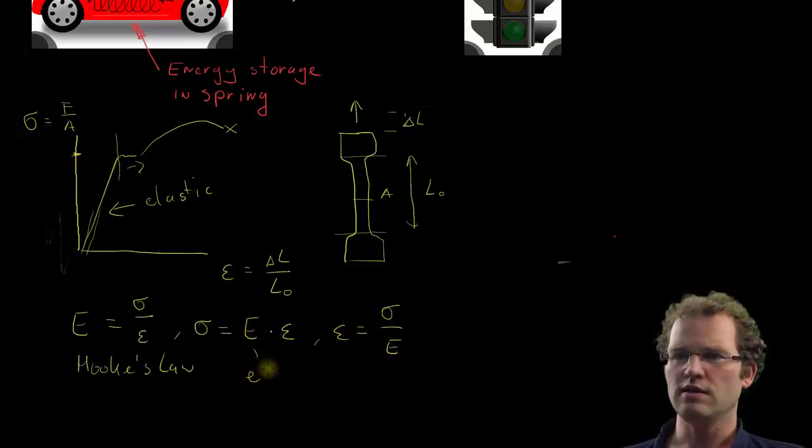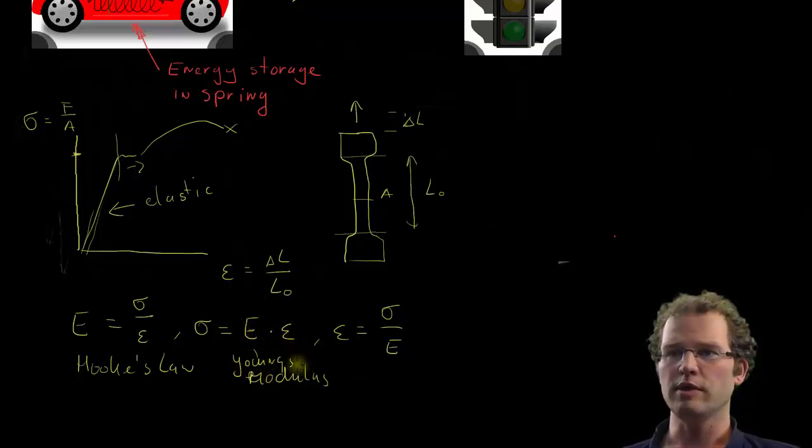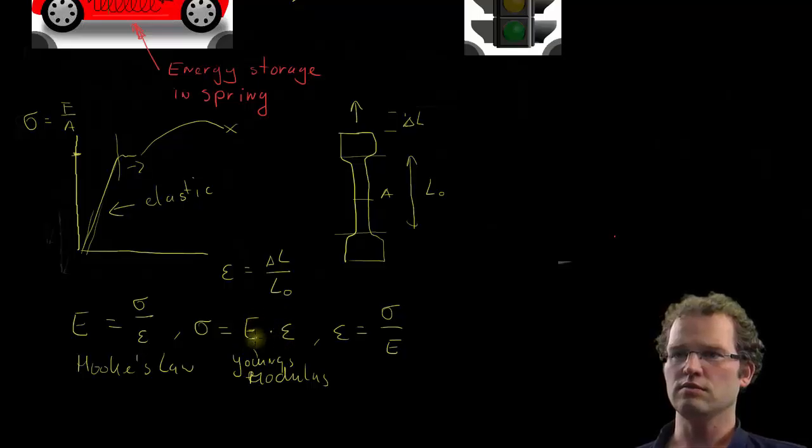This E is the modulus, Young's modulus. And for all materials, you can look them up in a database or find them on the internet. Mostly they're known values, and they did this test to get these values.